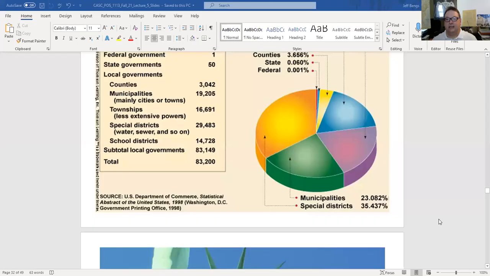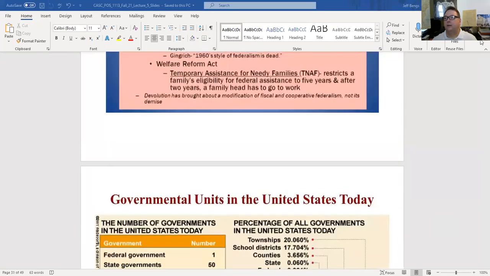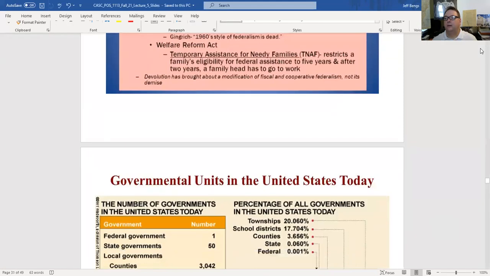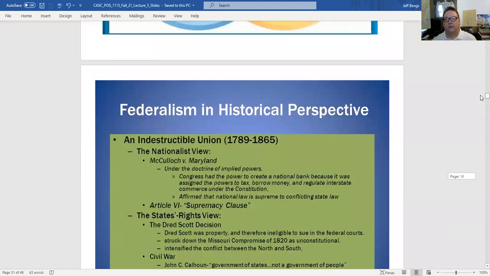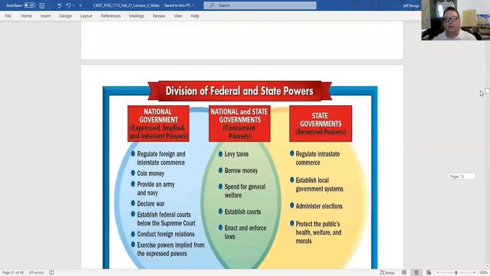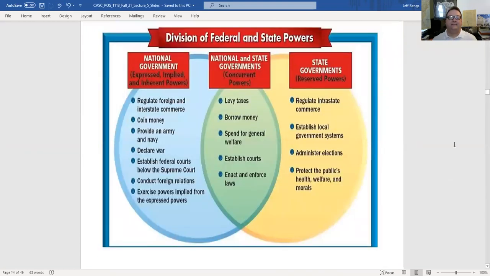All right, so let's go to the slides. All right, do you see that?